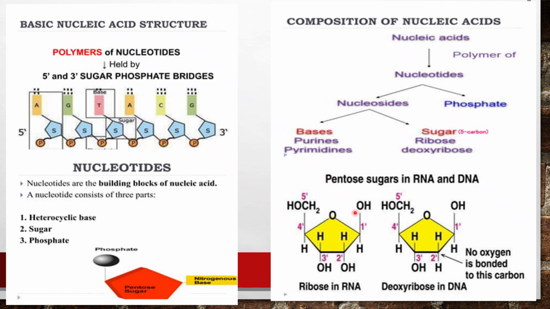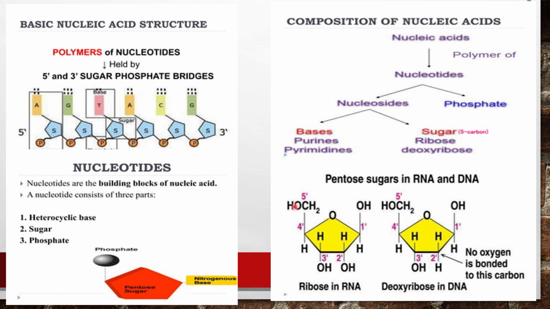This is the ribose sugar. What is the basic difference between ribose and deoxyribose? The main sugar is ribose, which has been deoxidized. The 2' hydroxyl group is removed, and it is converted into deoxyribose sugar. This is the basic difference: no oxygen bound to this carbon. It has the 5' end, which contains a CH2OH group.